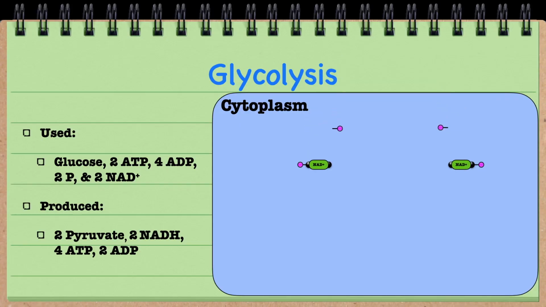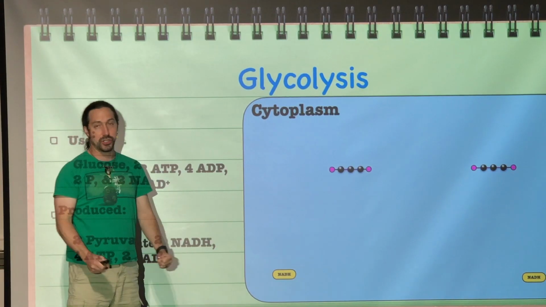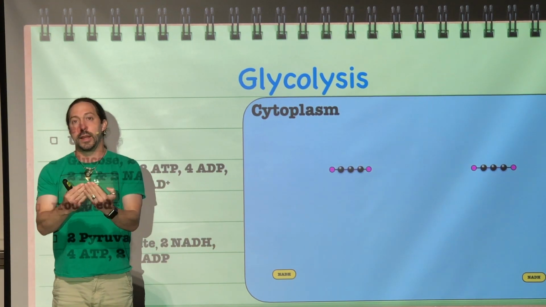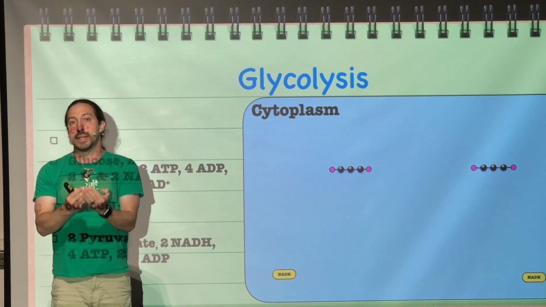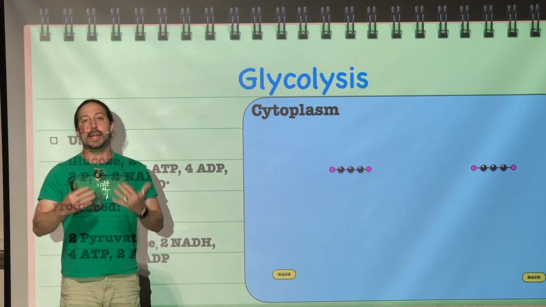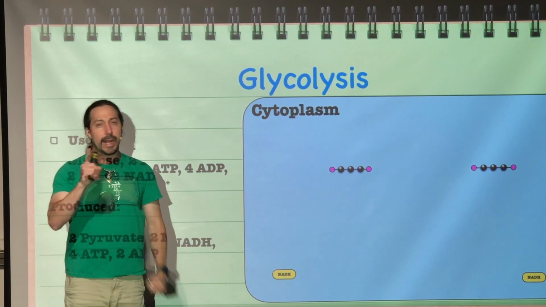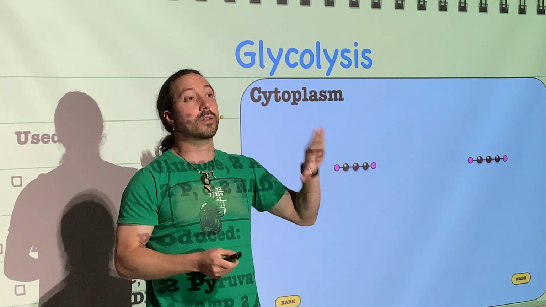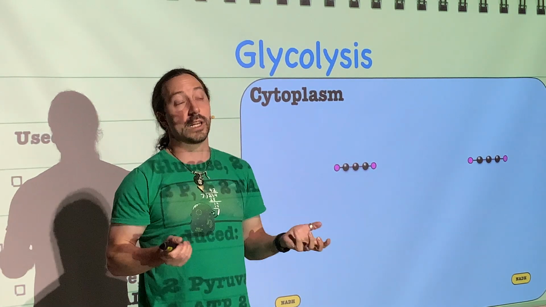This molecule can then end up getting phosphorylated, and using enzymes will also help generate another molecule called NADH. It will donate a hydrogen to an NAD+, and that's how we're going to end up making NADH. And NADH is going to be a very important molecule later on when we go through the other stages of cellular respiration.